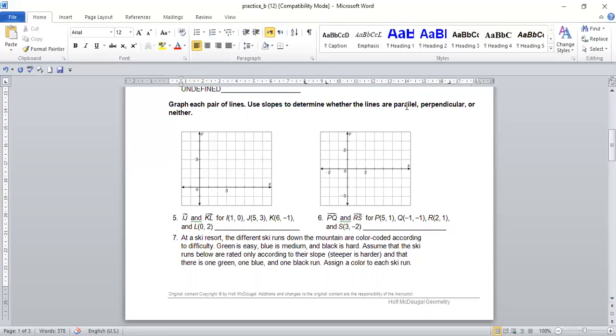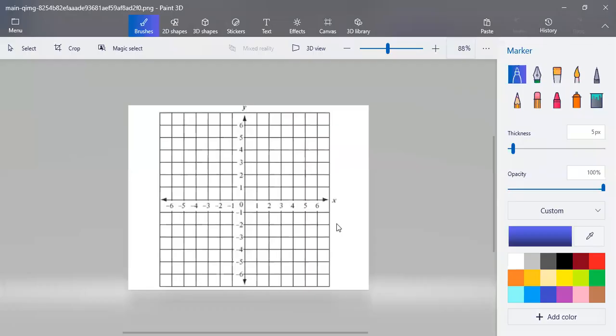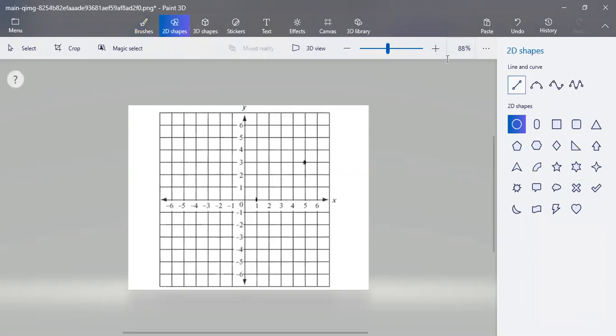Okay, so let me move back to the graph. Okay, so let's draw first 1 and 0. So 1, 0 is here. So this is going to be point I. Okay, then J is going to be 5 and 3. So 5 and 3 is here. These are the coordinates for the first line, I and J. So let's join them.